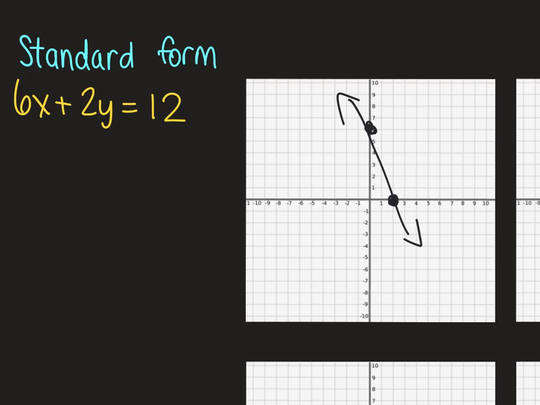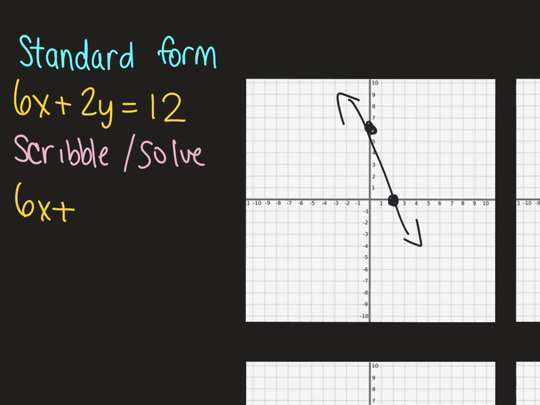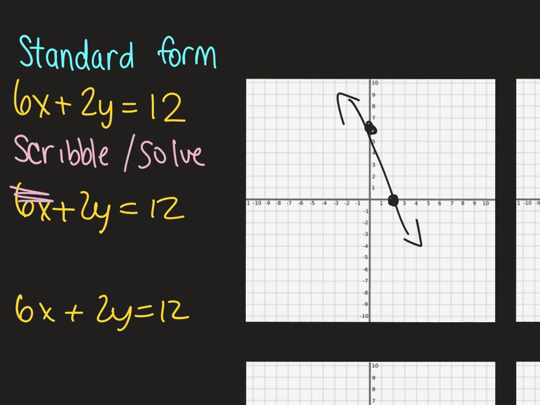So my question was, how did I get those lines? I like to call this method scribble and solve. So I'm going to write 6x plus 2y equals 12 twice. 6x plus 2y equals 12. I'm going to scribble out the x.